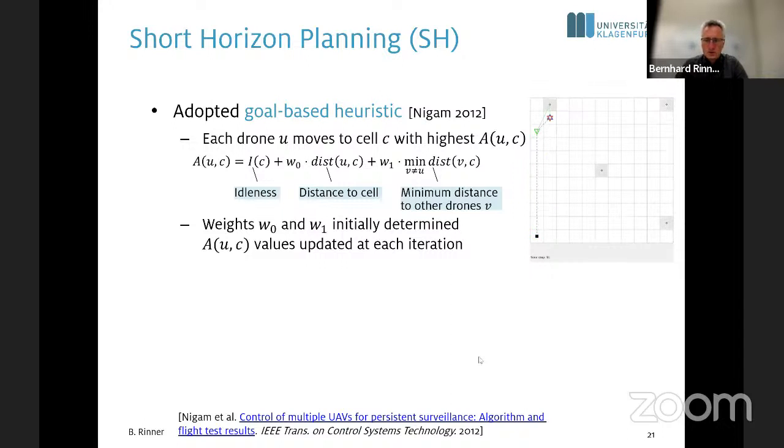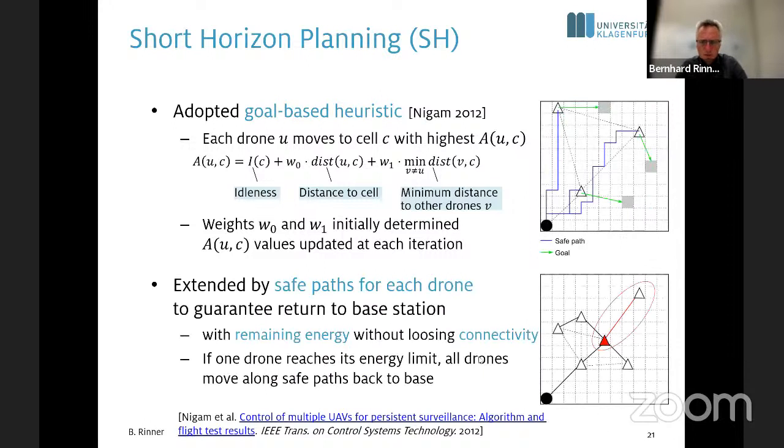Okay, so I do not show all the animations here, but you can simply follow this goal-based approach. But what is also challenging here is that since there is no interaction between the drones, maintaining connectivity is difficult. Because in order to maintain connectivity, you have to make sure that the maximum distance between drones is maintained.